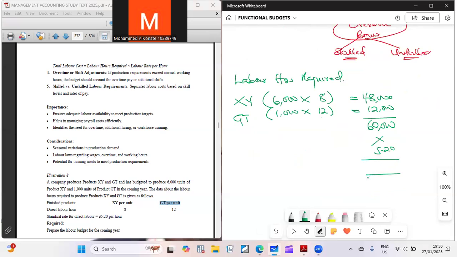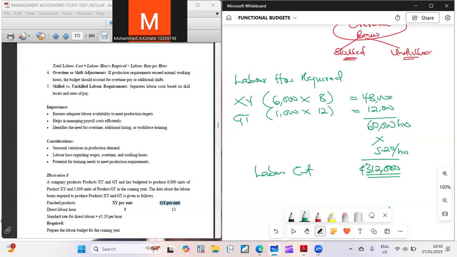So how much now is your labor cost budget? It is 312,000. All right, so where you have hours, you multiply it by the rate per hour.